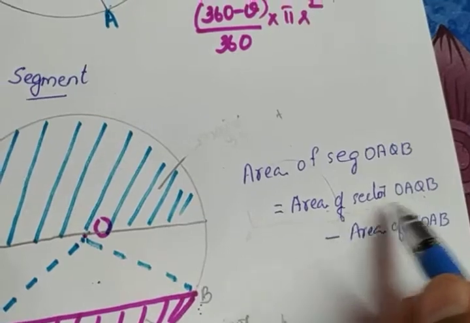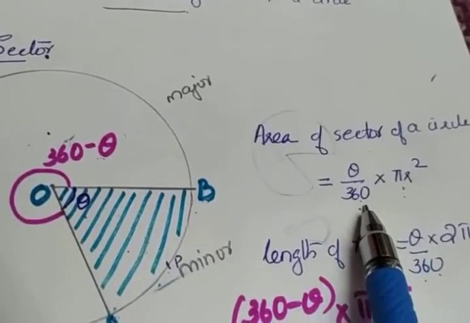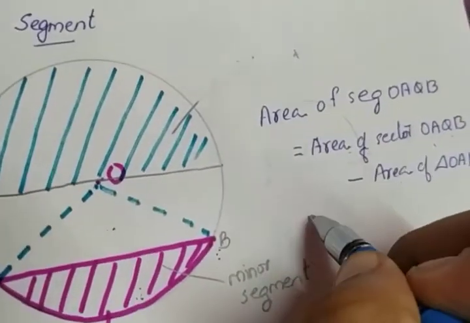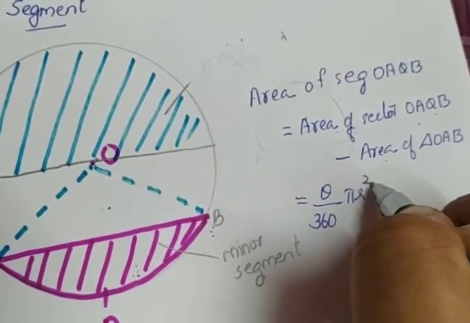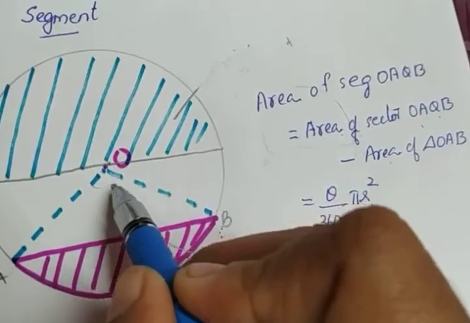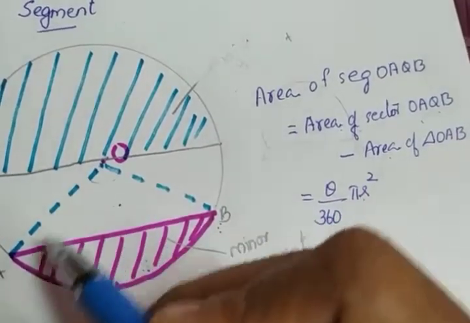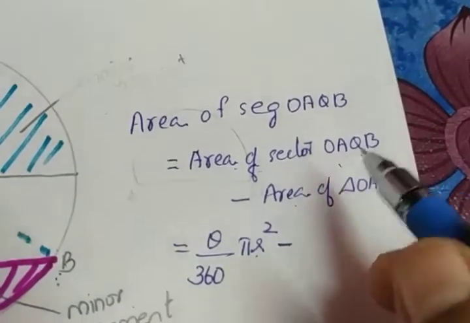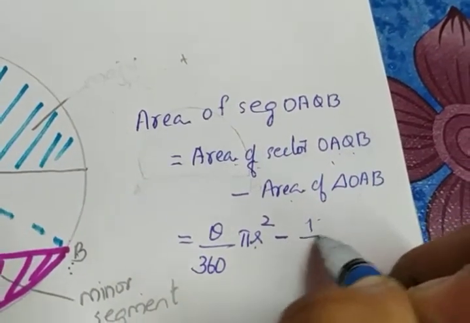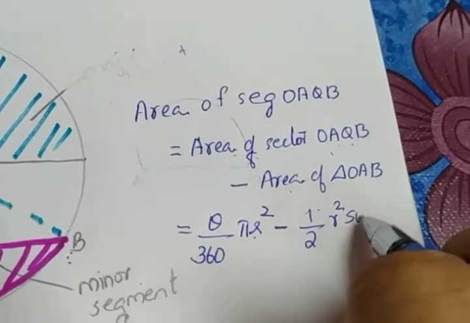Area of sector OAQB, we will apply the same formula, theta by 360 into pi r square, where theta is the angle formed by these two radii and r is the radius of the circle, minus the area of the triangle, which is given by half r square sine theta.